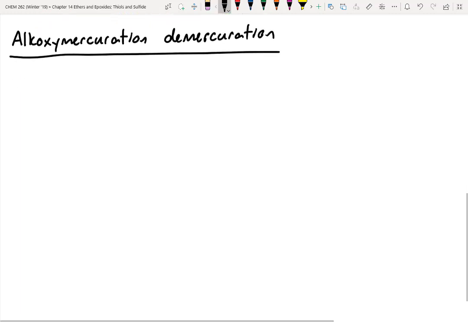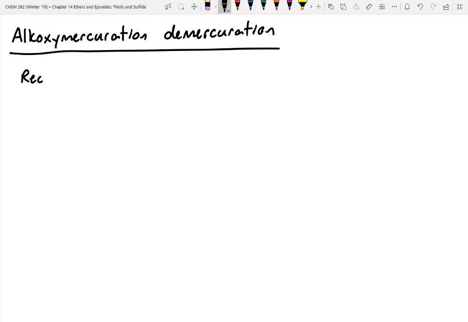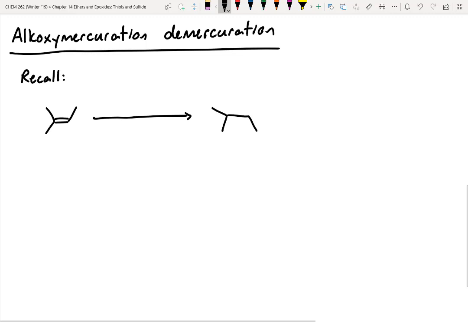All right, so let's think back to our chapter on addition chemistry. We said if you have an alkene, one thing you can do is you can install an alcohol onto the more substituted carbon.